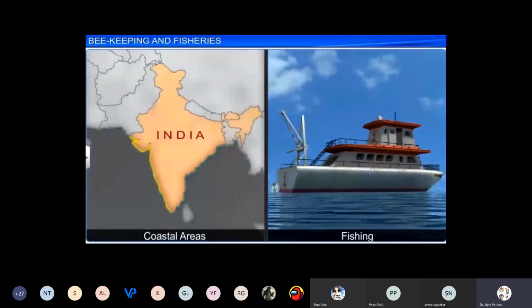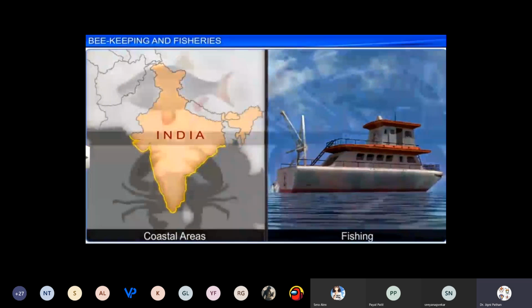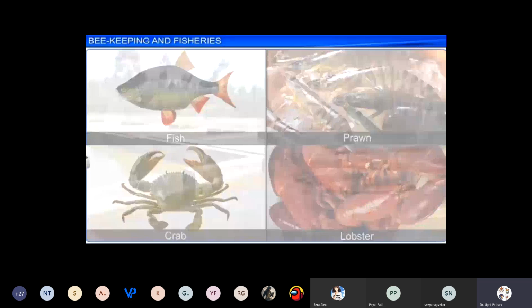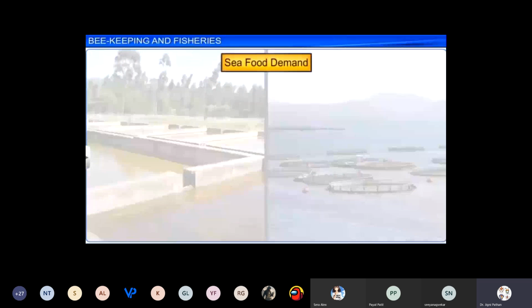As seafood like fish, prawn, crab, and lobster are always in demand, several techniques like aquaculture and pisciculture are employed to increase their yield.